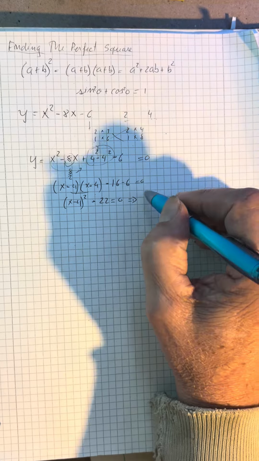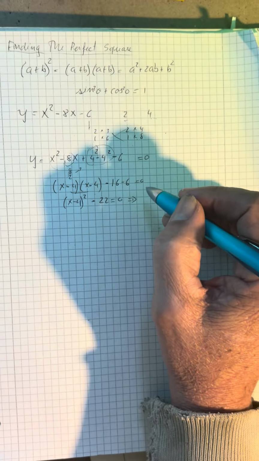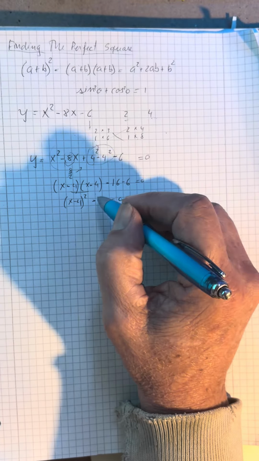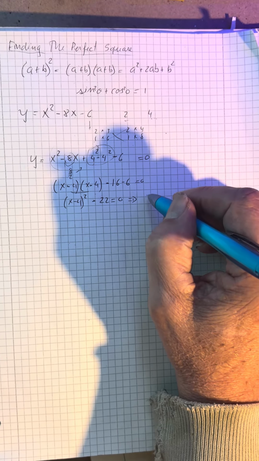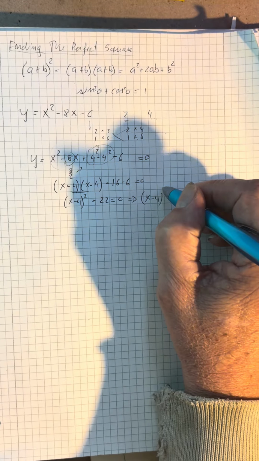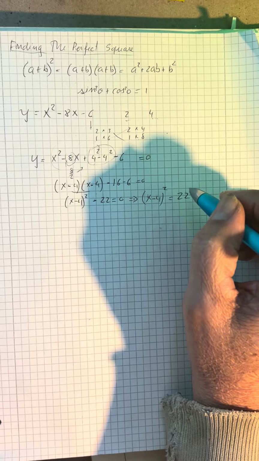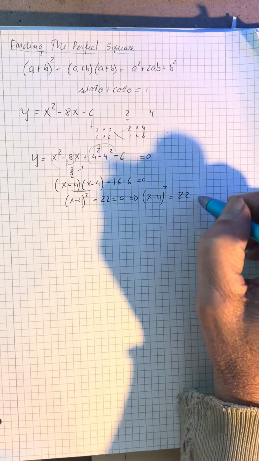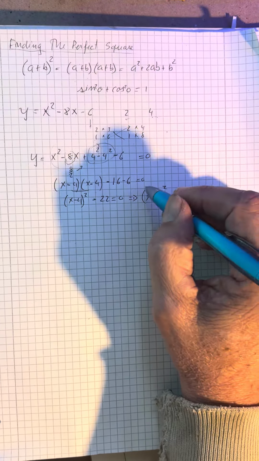To find the roots, we have to get x by itself. To do that, first let's move the minus 22 to the other side, and now we take the square root of both sides.